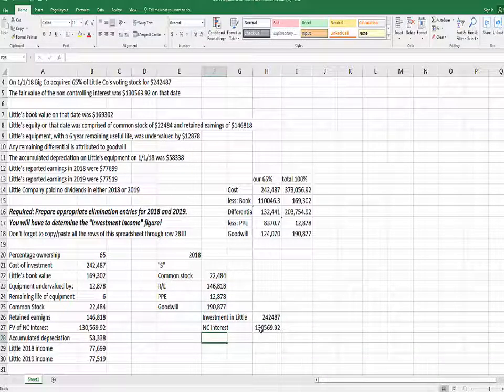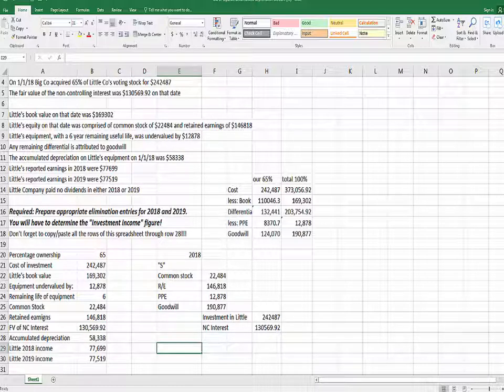One thing to note before I go any further: for the first year, this credit to investment in little is the same thing as the cost of our investment. Likewise, the credit to the non-controlling interest is the beginning of year fair value of the non-controlling interest.